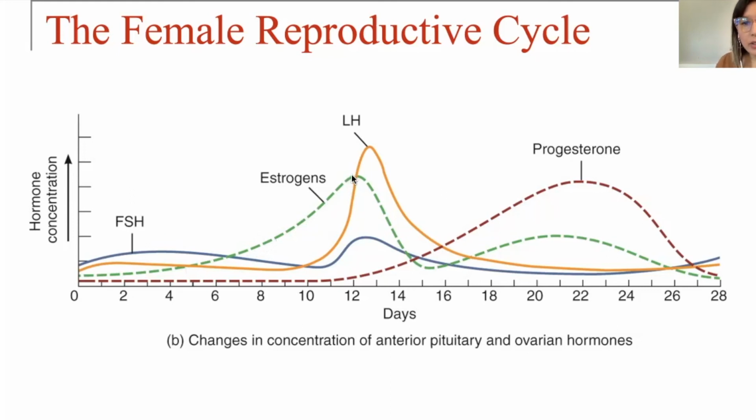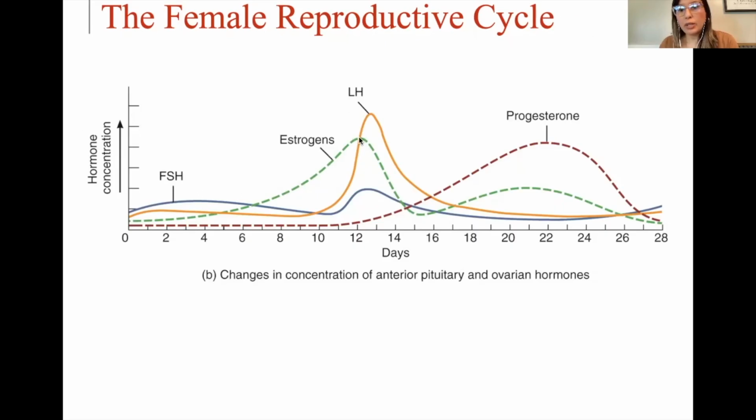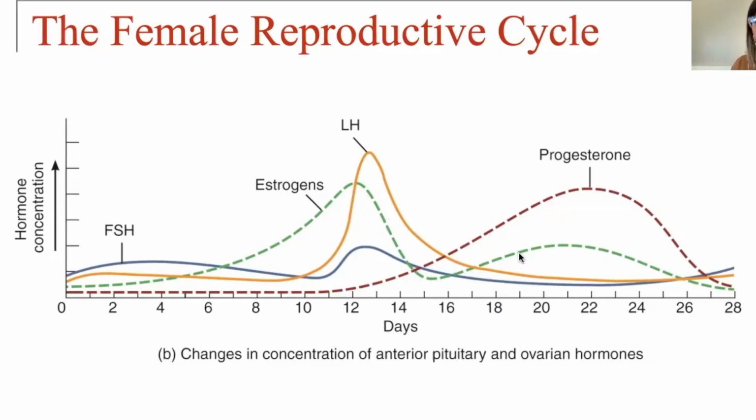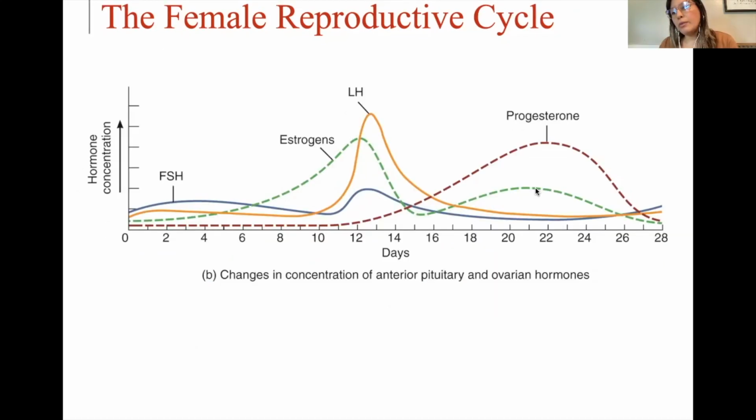And then notice that on day 12, approximately, there's a peak here. After day 12, there's going to be a decrease again of estrogen. And then around day 19 or 20, there's another small peak or increase in the concentration, but not as high as before ovulation. And from there, it decreases again down to day 28.